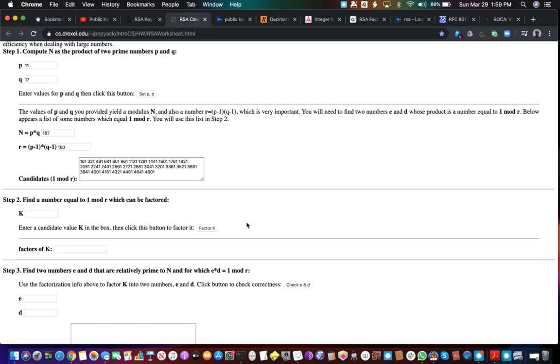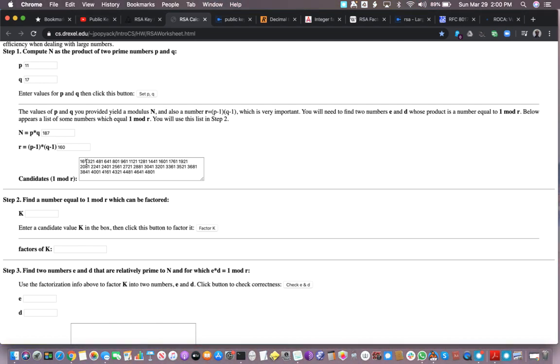It's going to help us do that by giving us a list of numbers which are 1 modulo R. Why is that? Because E times D is 1 modulo R. So if we take one of these numbers and see it as E times D, then we're done. We have a proper choice of E and D.